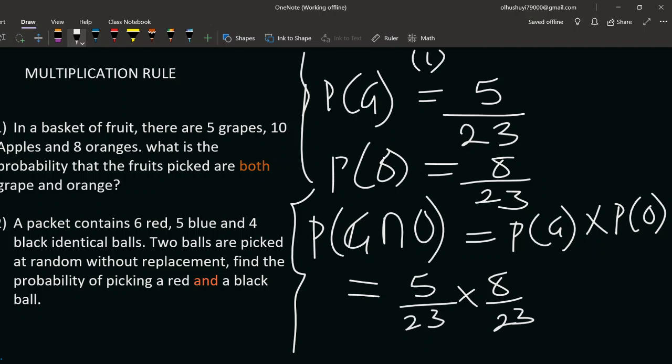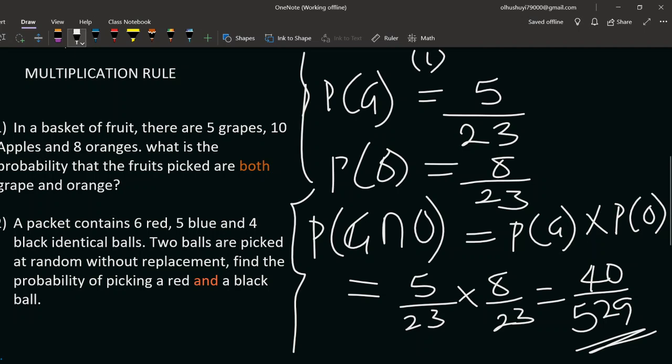And what will that give us? That should give us 40 upon 23 times 23, which is 529. As simple as that.